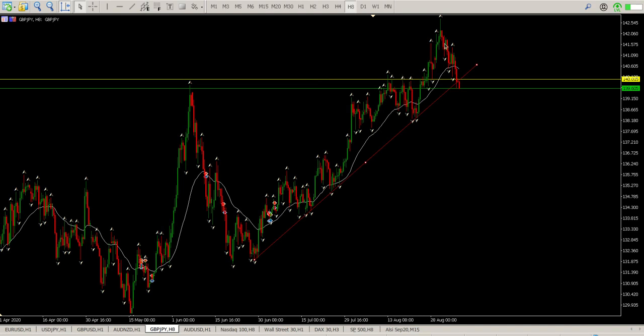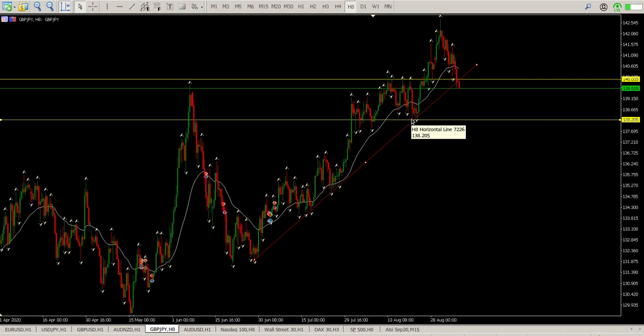Okay, so this could be the end of the upward move, and we are now looking to break to the downside. Problem with that is my level that I'd want to see break to confirm the downside move. So that's 138.205. So until that swing low gets broken, the trend is still up. Okay, so I don't really trust trend lines like that.